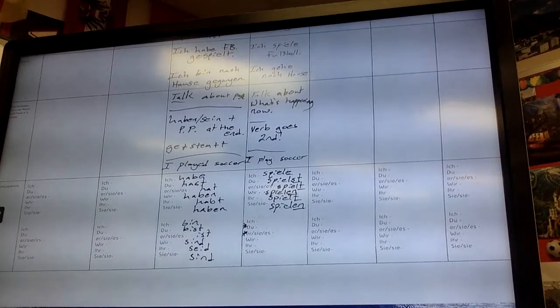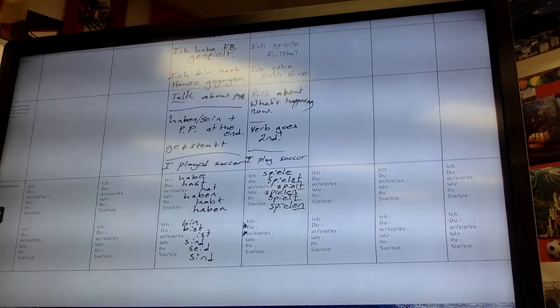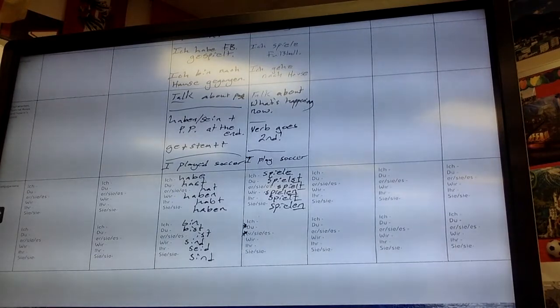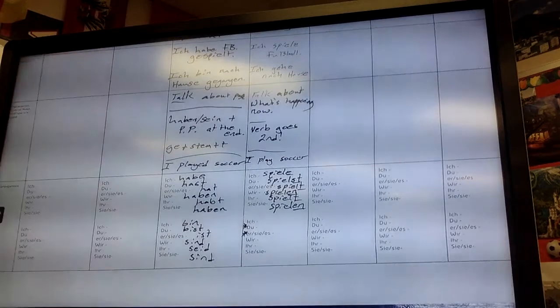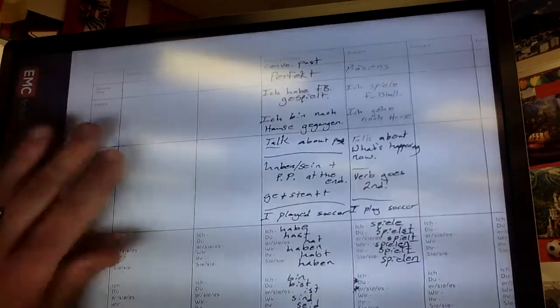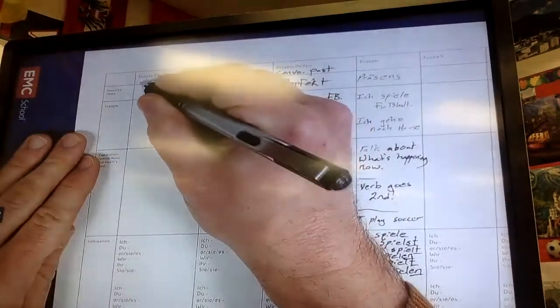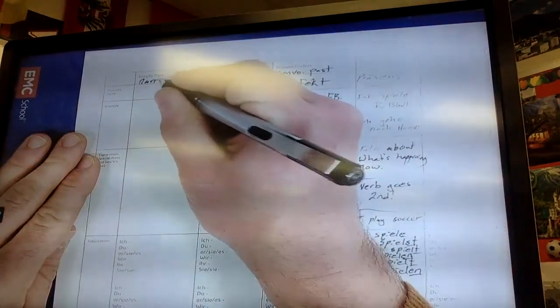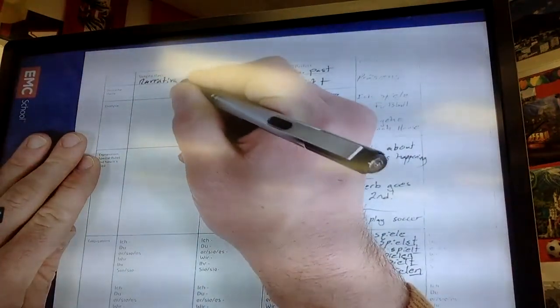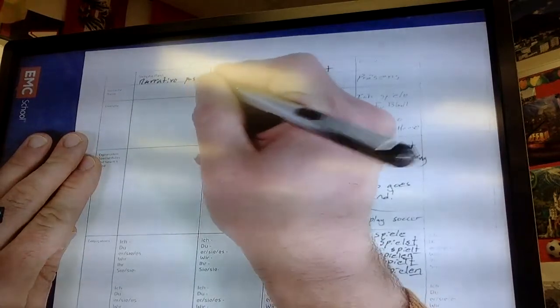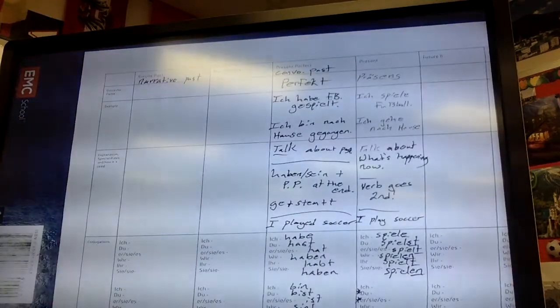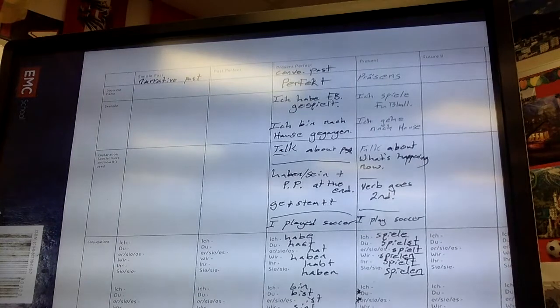Which did we learn after that? We learned the simple past next. Simple past. And underneath there, I'm going to write narrative past. Simple past or narrative past.